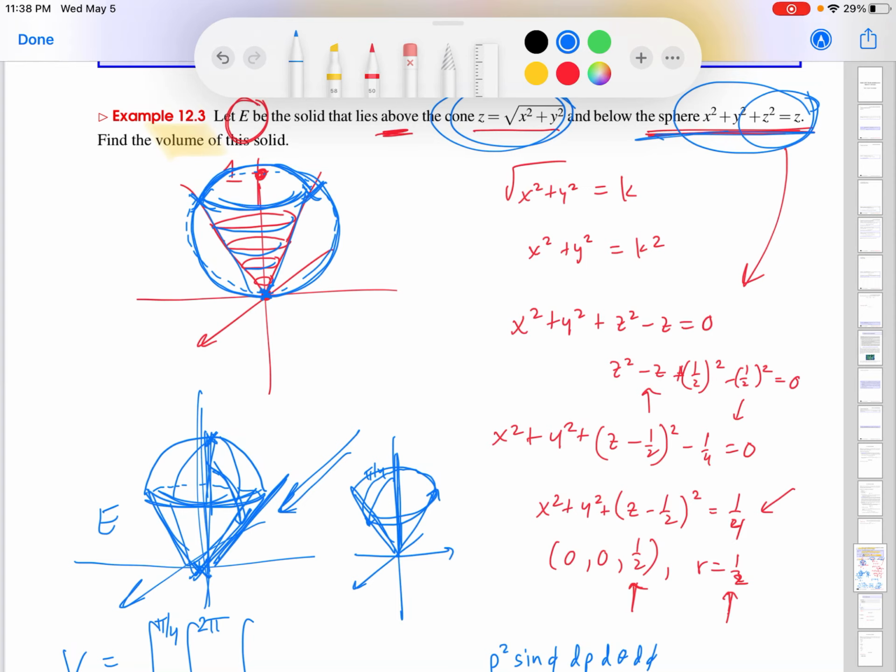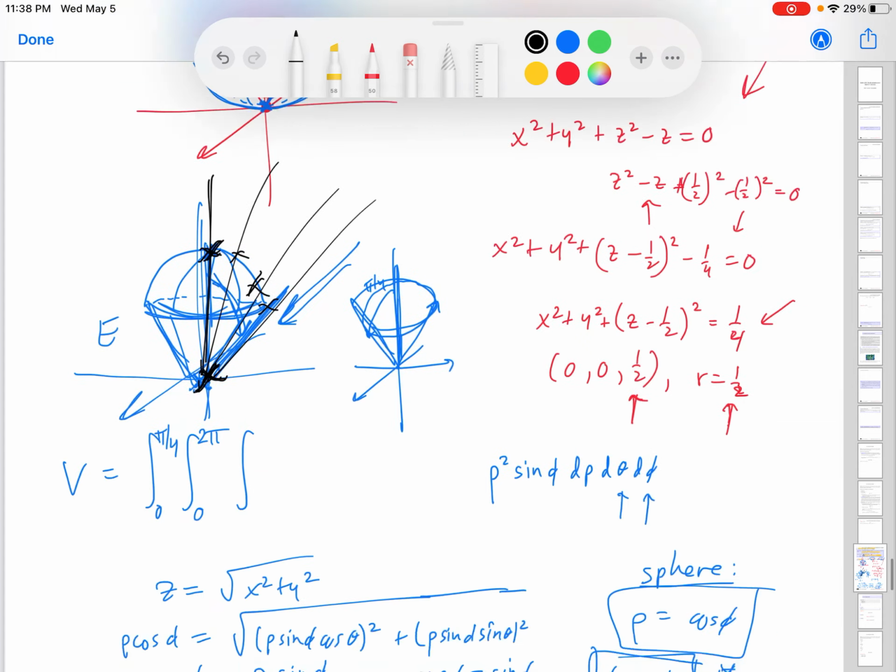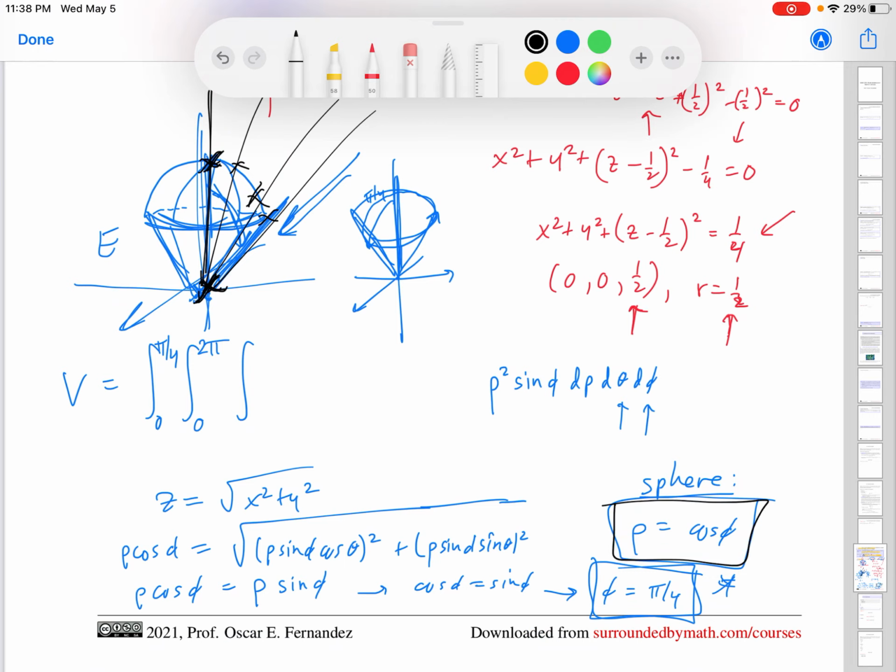So if I draw my representative rhos here, it's just sweeping out from the origin. The smallest that rho is, is rho equals 0. The largest that it is, it's on the sphere. So the sphere in spherical coordinates in this problem is cosine of phi. So that is my upper bound for rho.